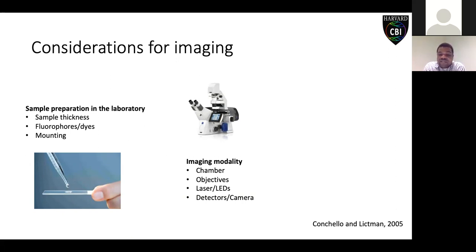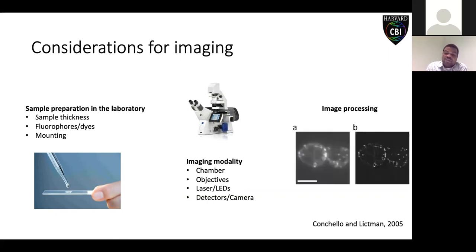What magnification are you interested in imaging your sample at? And more importantly, which very few people think about, is the resolution that the objective is going to give you. The third thing is what lasers or LEDs are on the microscope, and how are these going to be detected once you illuminate your sample.